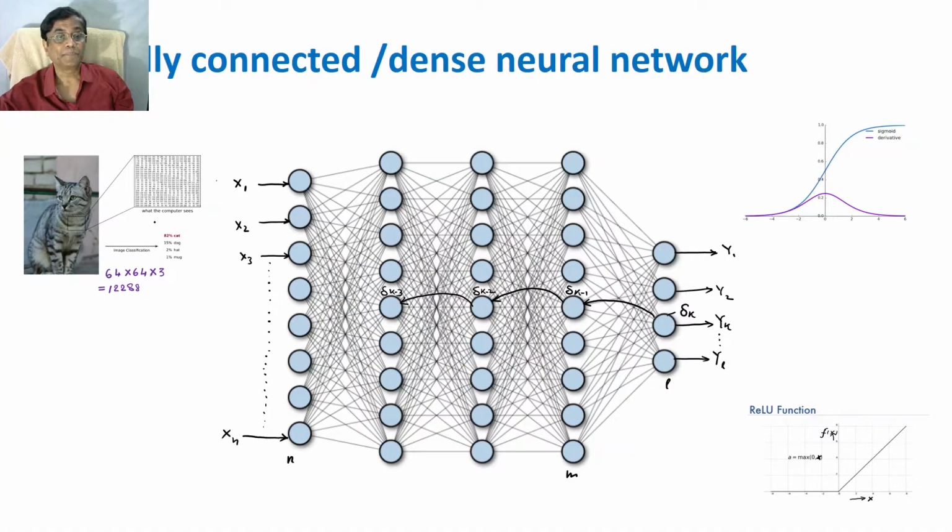Eventually that turns out to be 12288. It's a large number, right?